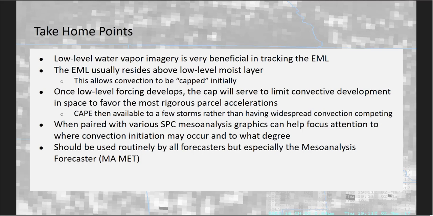However, I have since then, and have found it pretty useful. In fact, we had a case, I think it was about a week ago or maybe a little more, where we had some pretty shallow convection when things were pretty ripe and ready to go. But the GLM data to me was pretty telling in that things were not really taking off like they should have been.